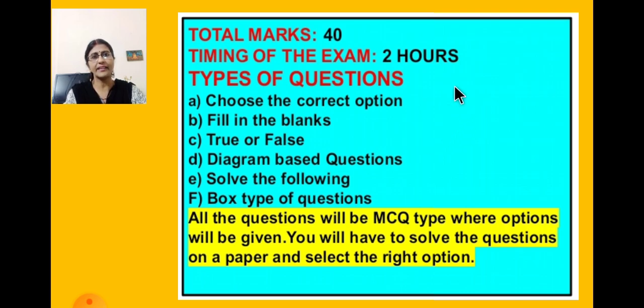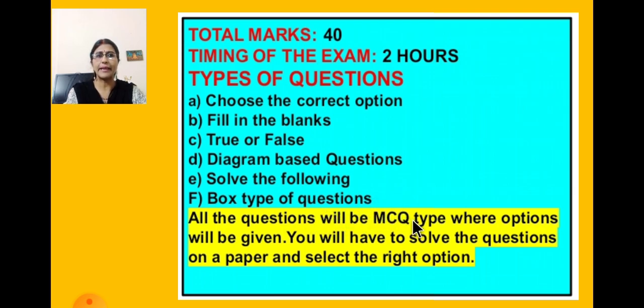Let me repeat again. You will have 40 marks for your semester exam and the timing of the exam will be 2 hours, and these are the types of questions for mathematics. Choose the correct option, fill in the blanks, true or false. Diagram based questions also you will be asked, and then solve the following, and you will get box type questions or you will be given a blank which you have to fill.